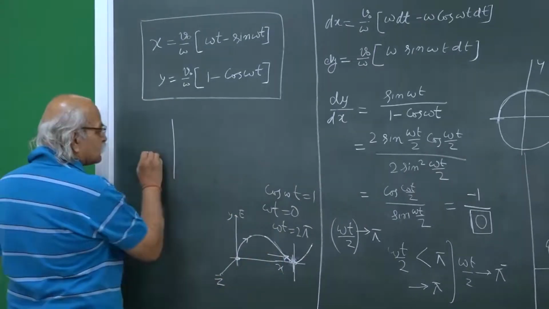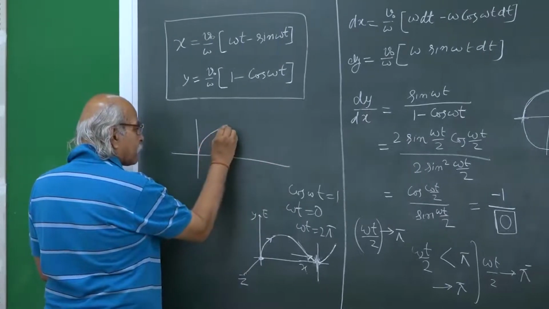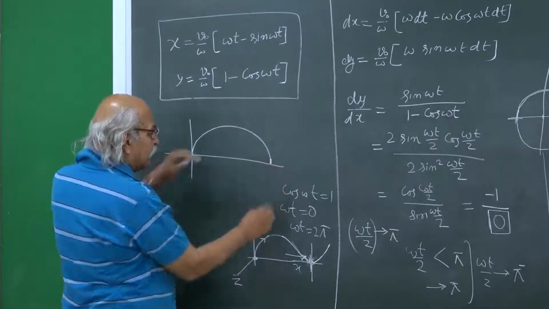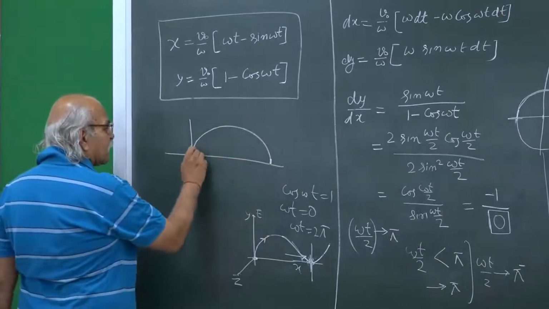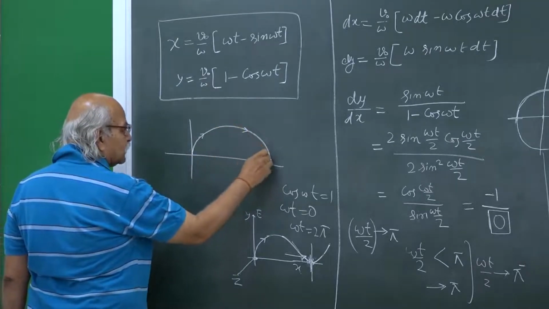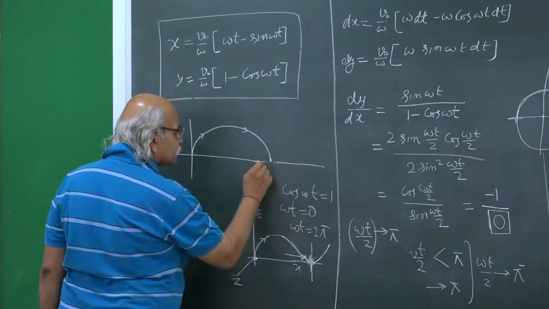So our curve should be of this type. So it hits at 90 degrees. Our particle should go on this path, and it is hitting here at 90 degrees.